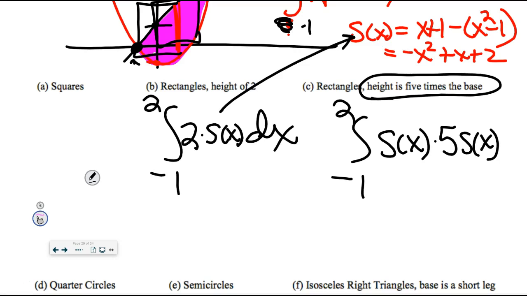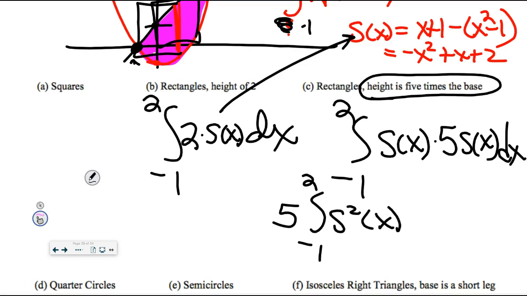What's my third dimension, Bryce? Here it is. So really, if we were to set this up, we would say 5 and come out front. And then we'd have that S of X squared dx. We cleaned it up. Do you see the difference between height is 2 versus height is 2 times the base? A little bit difference. Now you're nodding, Frankie.